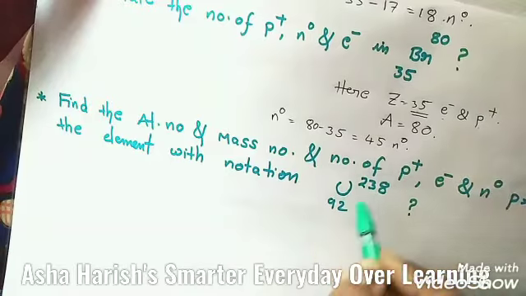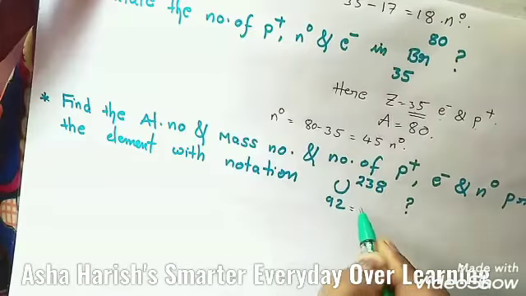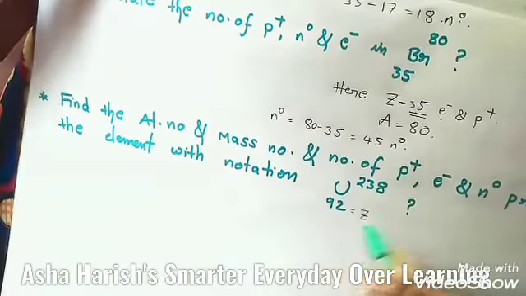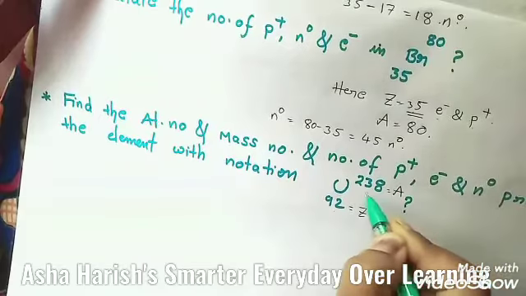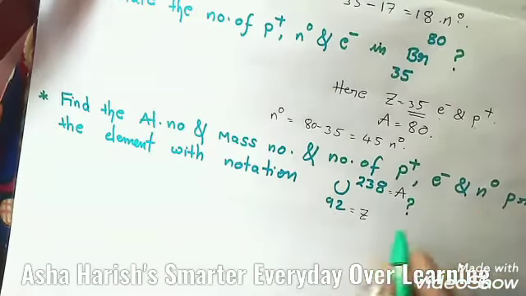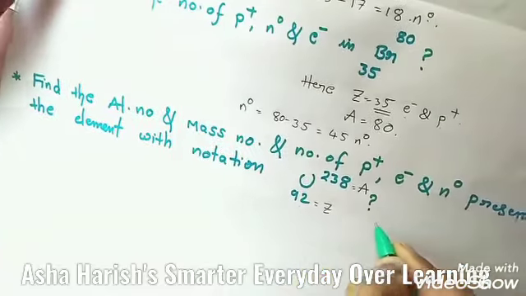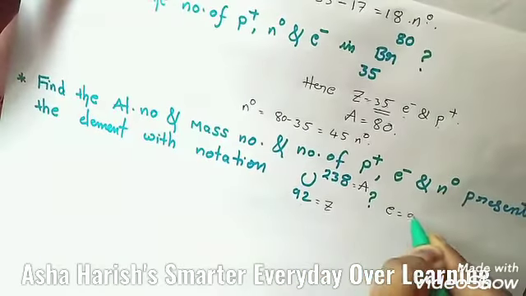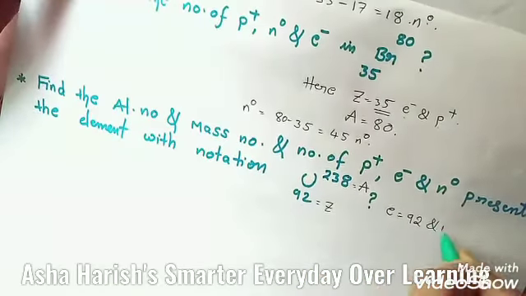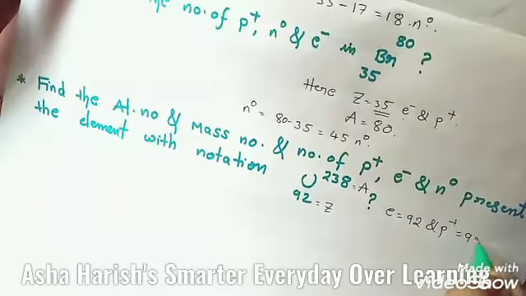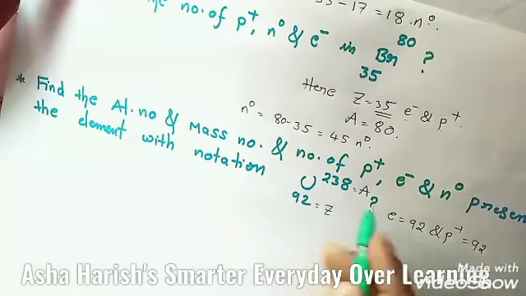By seeing this representation, in the place of Z you have the number 92, in the place of A you have the number 238. That means only by seeing this symbolic representation, electrons equal 92 and the protons are also the same, students, 92, and the mass number is 238.